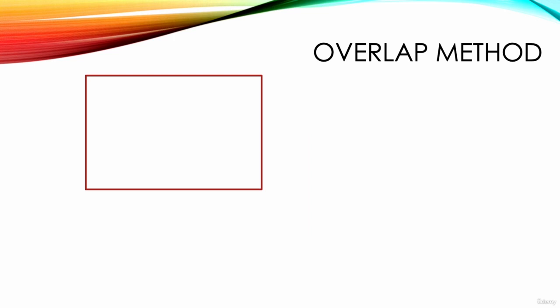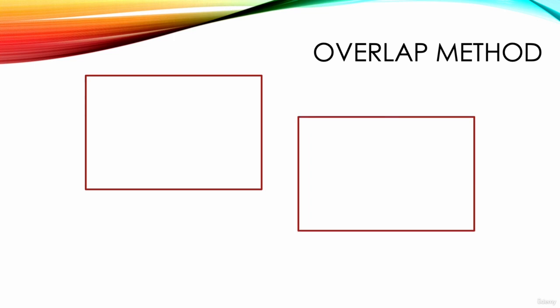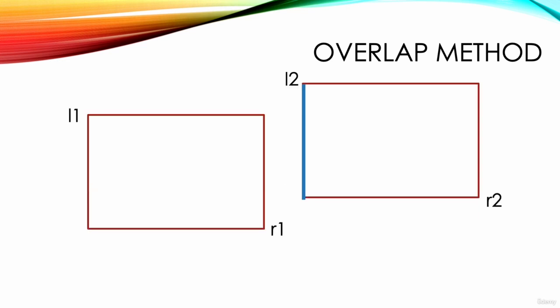To do this, we'll create 4 points, the top left and bottom right of each rectangle. If left of rect1, L1.x, is greater than the right edge of rect2, R2.x, then there cannot be an overlap. If the left edge of rect2 is greater than the right edge of rect1, then equally there can't be an overlap, and this completes the horizontal test.